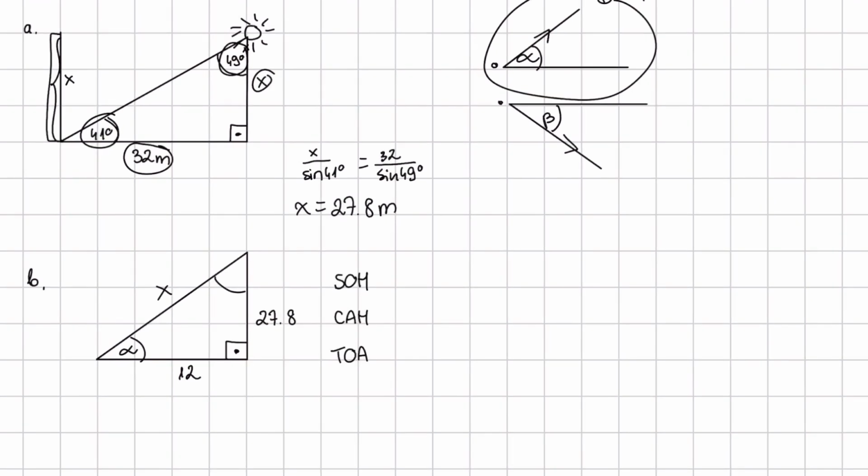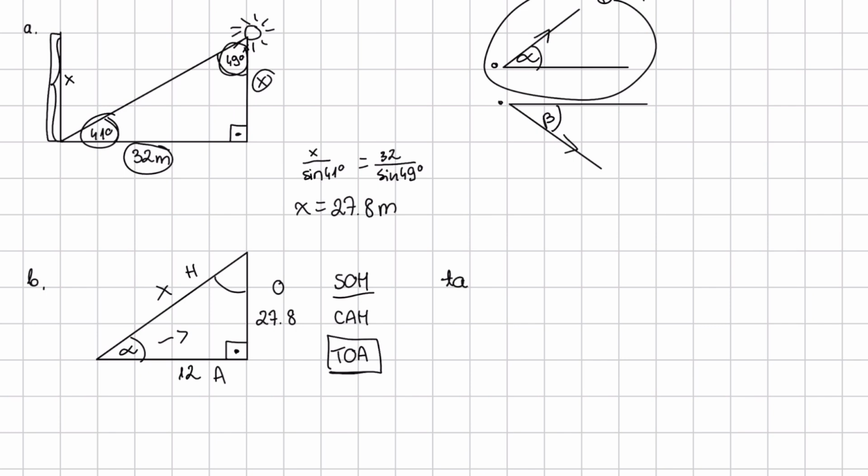However, we can use something else. 27.8 is opposite to this angle, so opposite. So we're considering sinus and tangents. And here is the hypotenuse because it's the longest side. So we are left with adjacent, so we are left with tangents.